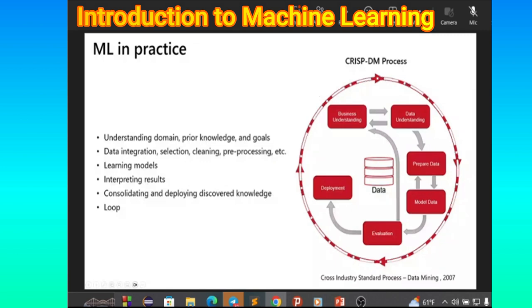Now, this is the most common process or framework that has been used for the last 20 years, even more than that. It's called the Cross Industry Standard Process for Data Mining, and this is the most commonly used process or framework for machine learning practices.